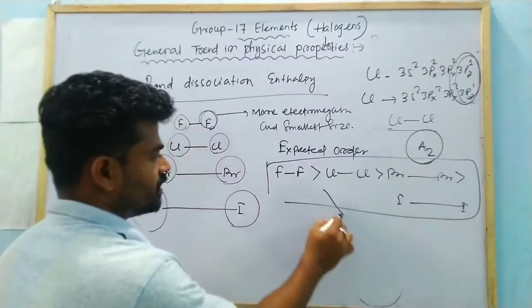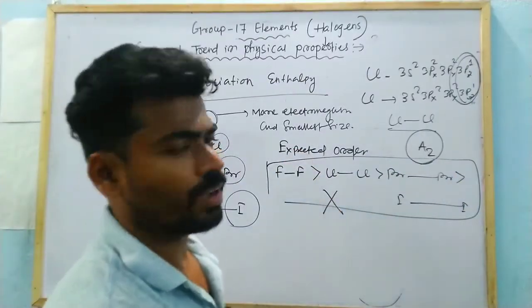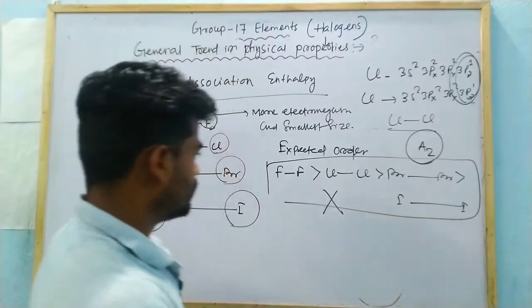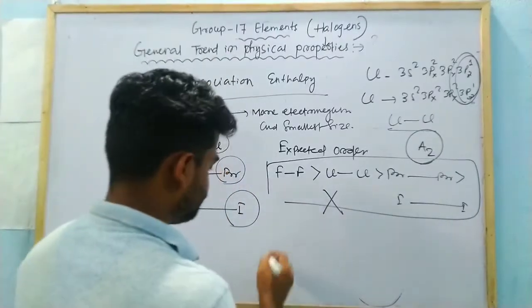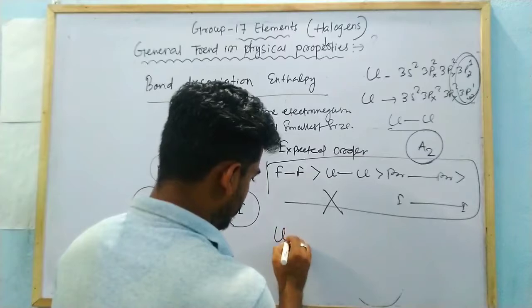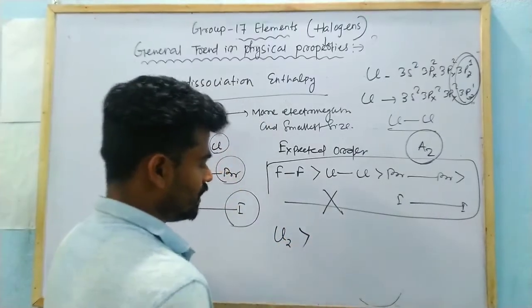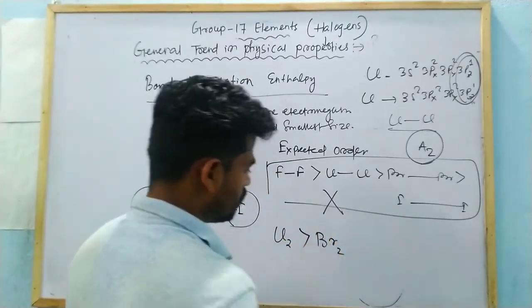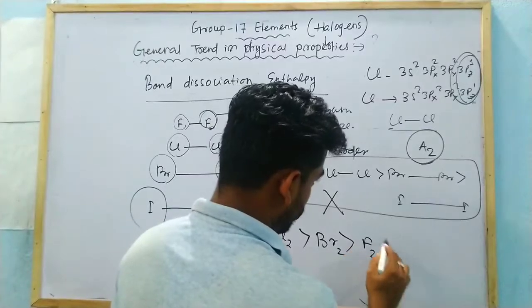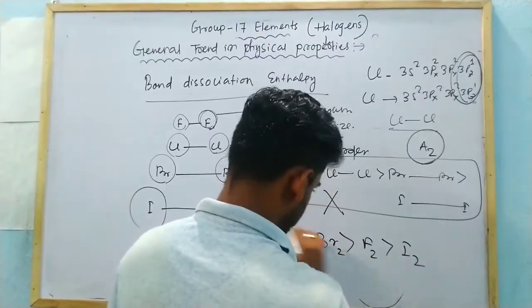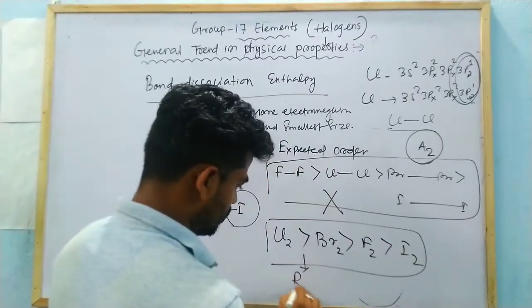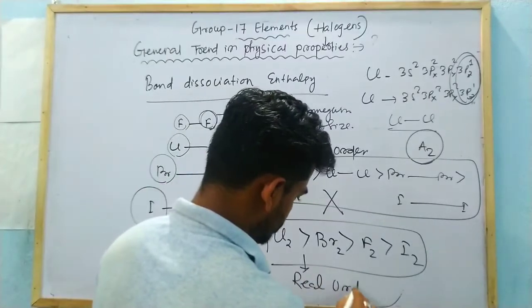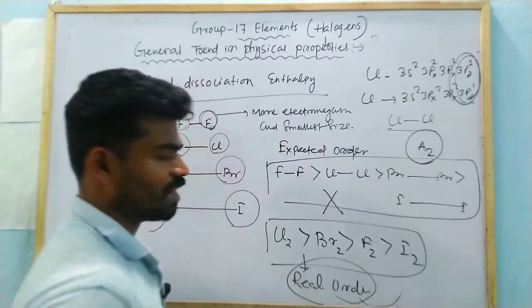But this is not the proper order. Why? The actual order is Cl2, then Br2, then F2, then I2. This is the real, or actual, order.